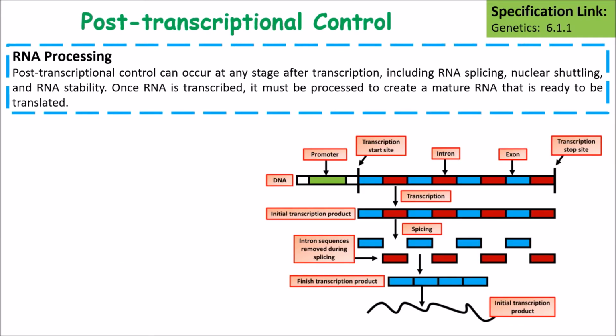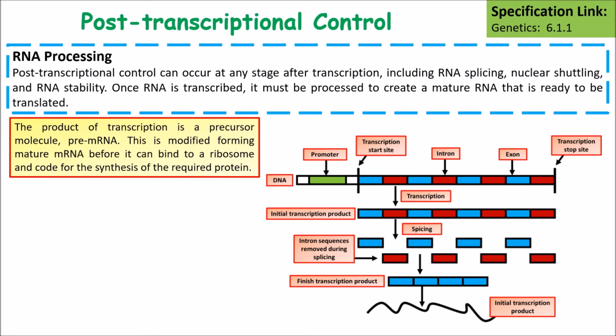Post-transcriptional control can occur at any stage after transcription, including RNA splicing, nuclear shuttling, and RNA stability. Once RNA is transcribed, it must be processed to create mature RNA that is ready to be translated. The product of transcription is a precursor molecule, which we call pre-mRNA.